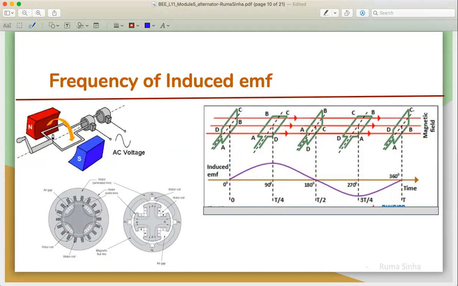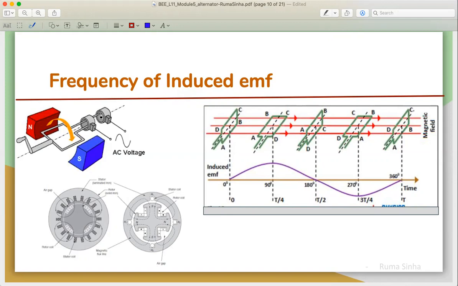In between, we have the magnetic field lines. If we place a conductor here, and this conductor is rotated, there is a stationary magnetic field and a rotating conductor, then there will be an induced EMF across the conductor terminals.